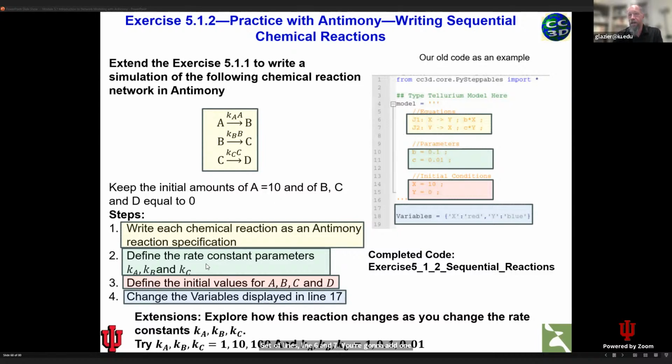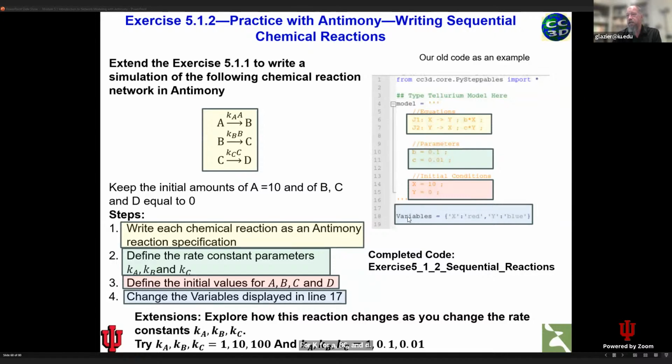You're going to have to add definitions of the rate constants, Ka, Kb, and Kc, in lines 10 and 11, and you'll have to add a line. You'll have to define the initial values for A, B, C, and D in lines 14 and 15, and you'll make it 10, 0, 0, and 0.